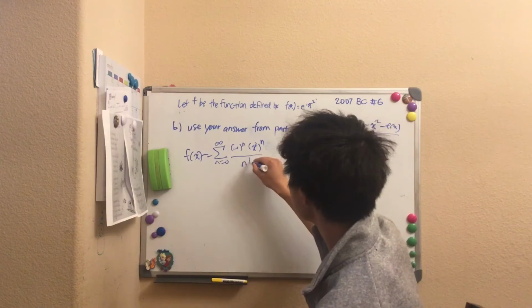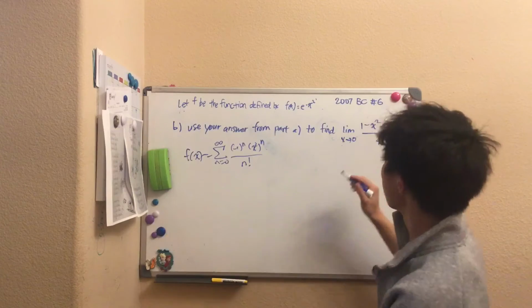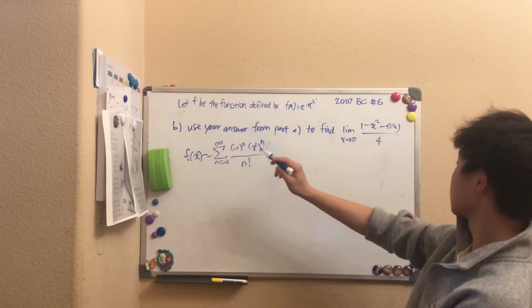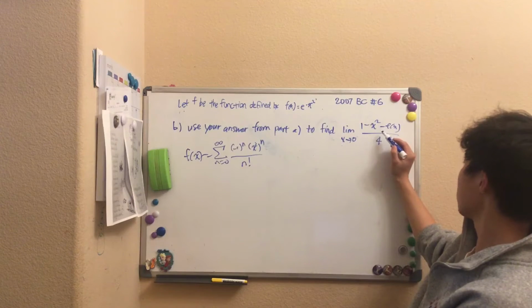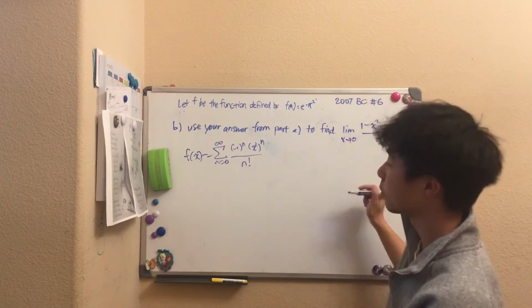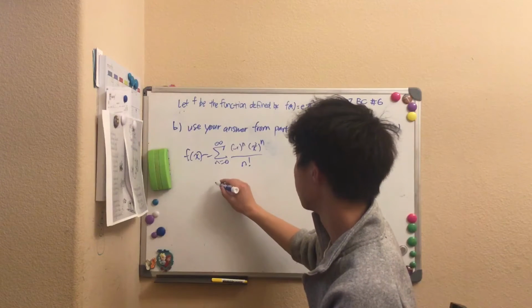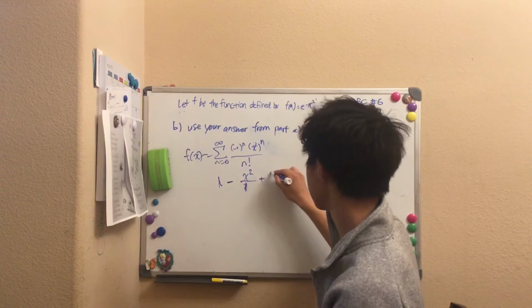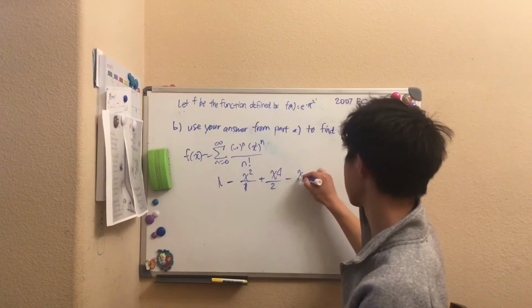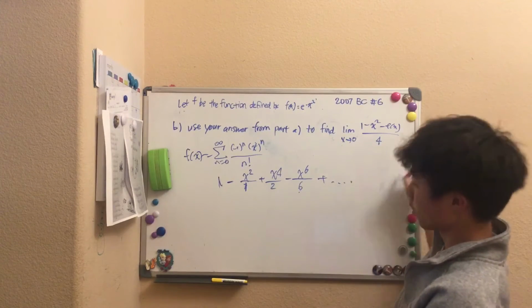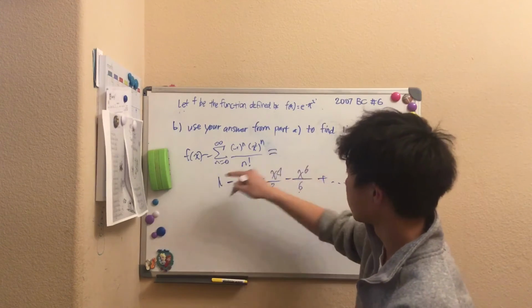And now this is very helpful because when we see terms written out like this by themselves, not contained within the series, we can pretty much ascertain we'll want to write this out in its extended polynomial form, which will look like basically what we did before, 1 minus x squared over 1 plus x to the fourth over 2 minus x to the sixth over 6, which is 3 factorial, plus dot, dot, dot, plus, the general term equals that.